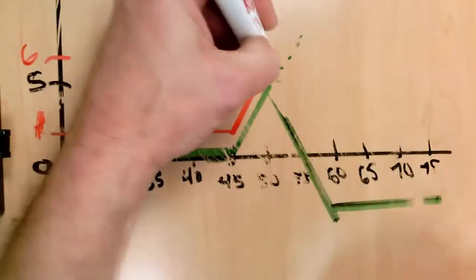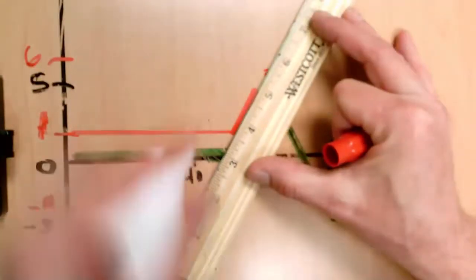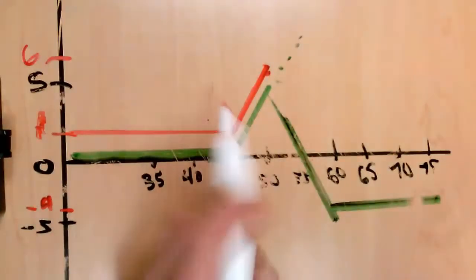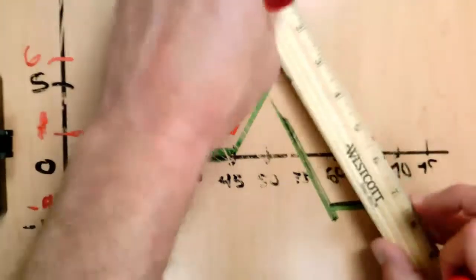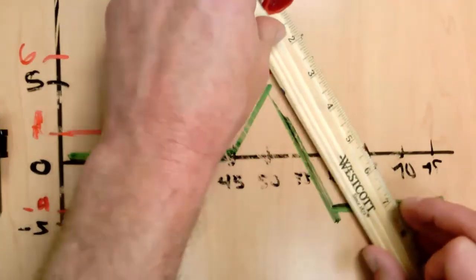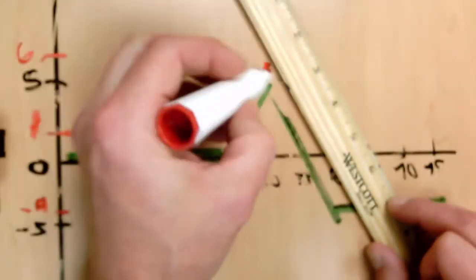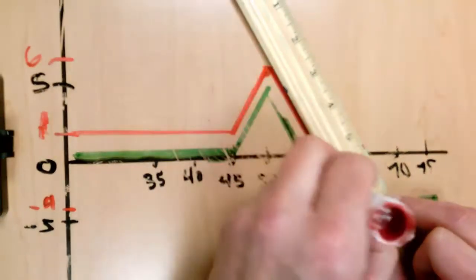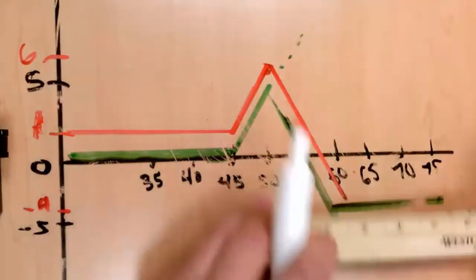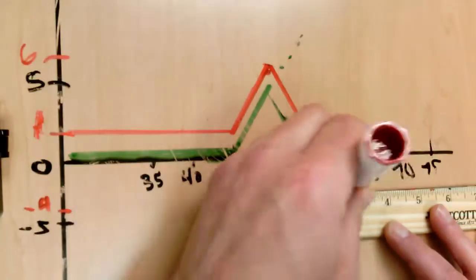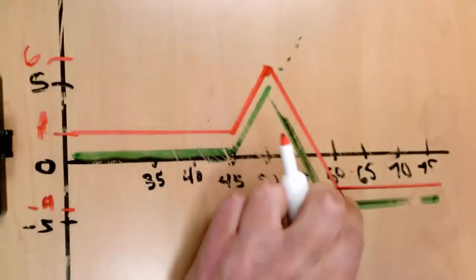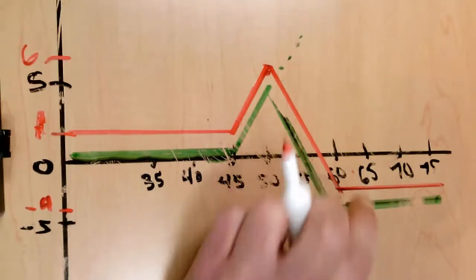And then from 50 to 60, it goes down by 10, from 6 to negative 4. And then above 60, it's a flat line at negative 4. So we're just adding 1 to the payoff line at every point.